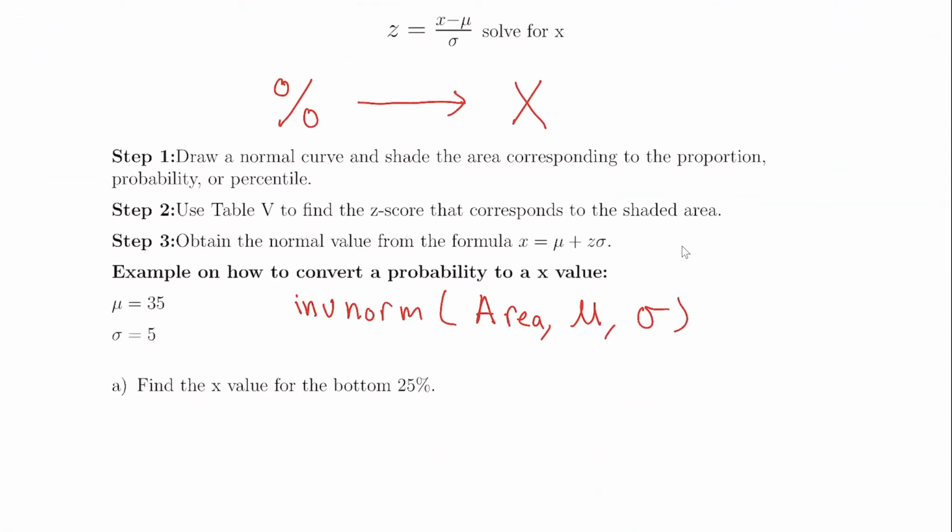For inverse norm, it always wants the area to the left. If you give it the area to the right-hand side, it's going to give you the completely wrong answer. I'll show you what I mean by that in the next example, but keep a note that it always wants the area to the left.